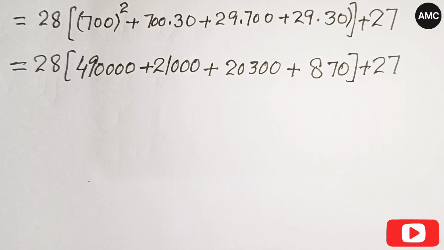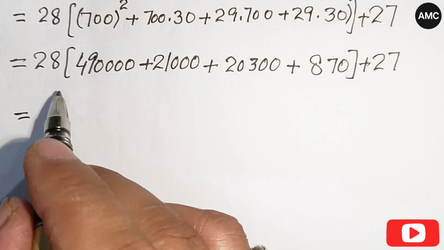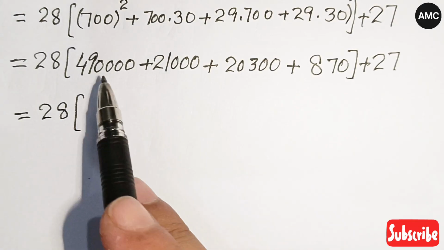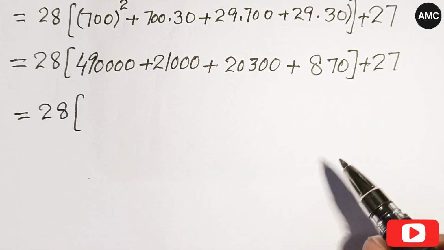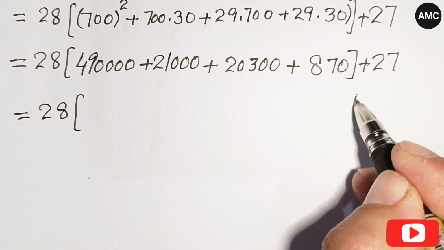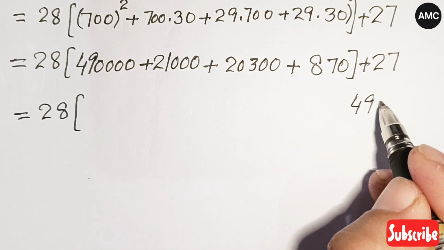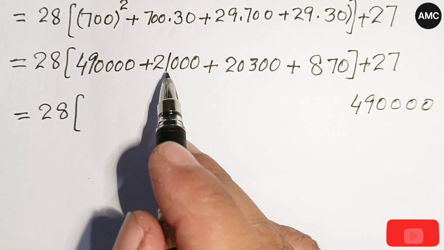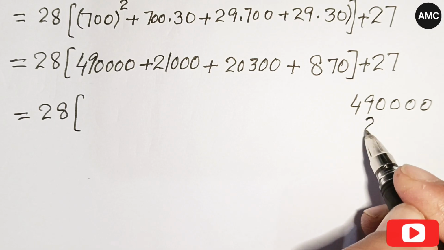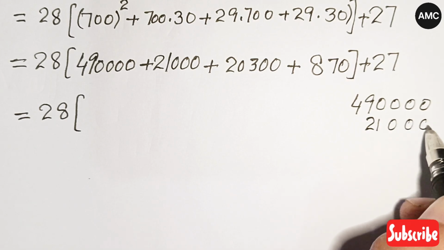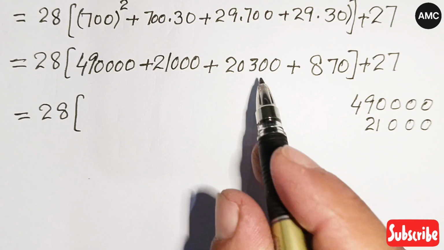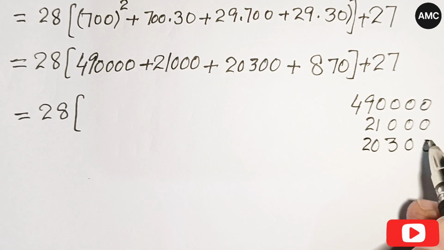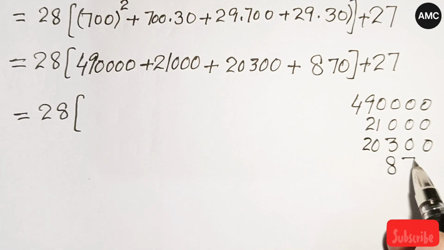Now this 28 times, here we are going to add all these numbers. First of all we write 49 with 4 zeros. Now it is 21,000, that is 21 with 3 zeros. Here we have 2300, and it is 870.